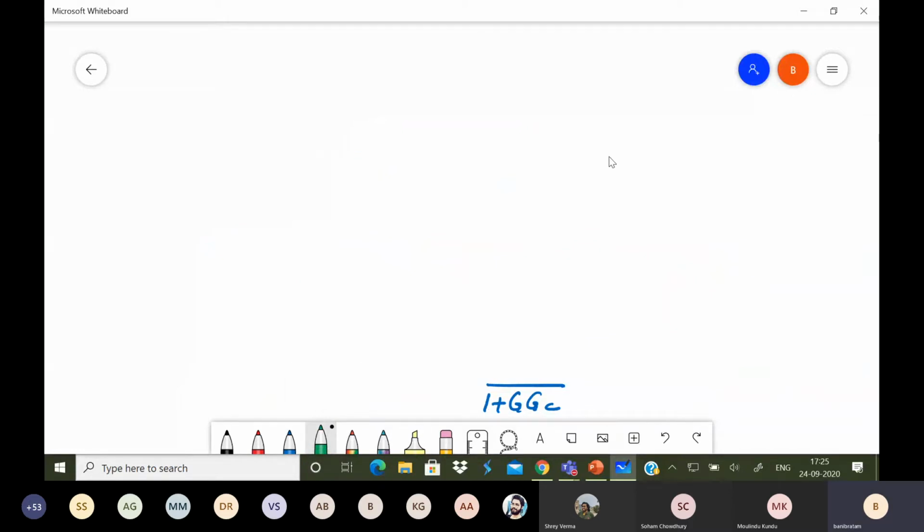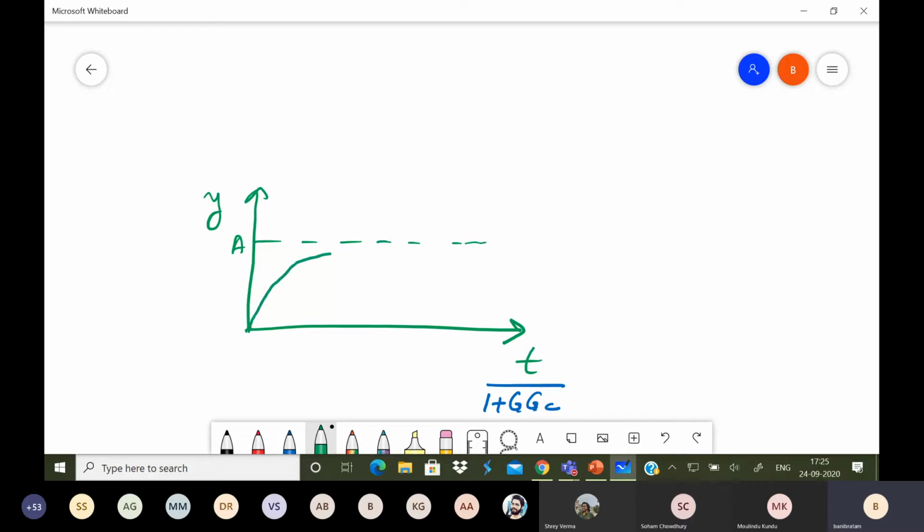Suppose this is your response Y, this is the time, and suppose this is your desired input value A. Now what we have seen, if I have only this P controller, then we get this type of response, where there was always a steady state error. Okay, so that is for the P controller, right?